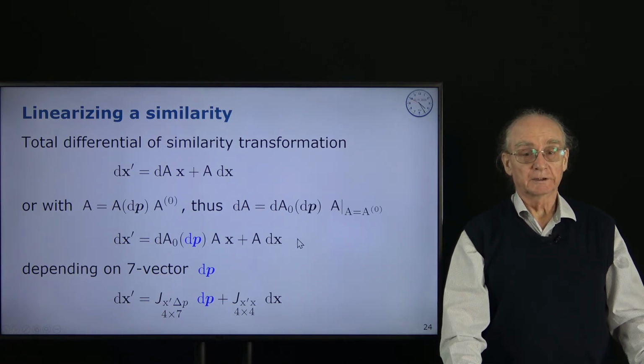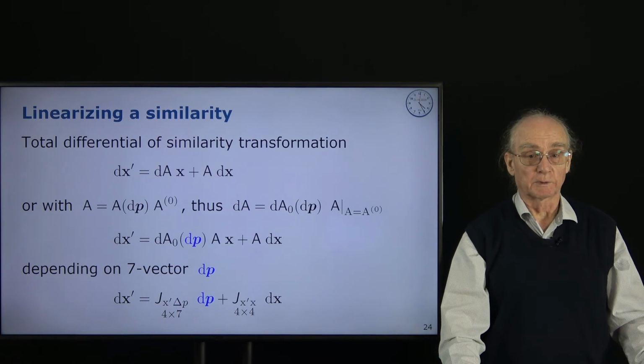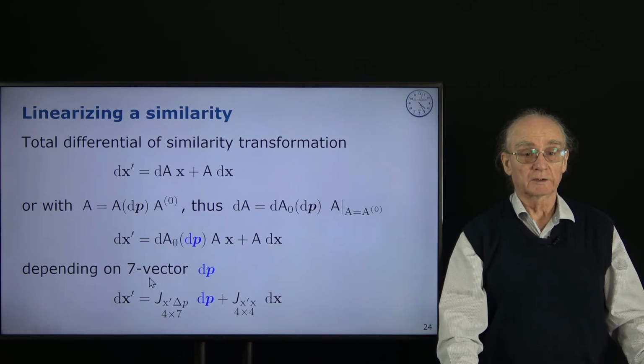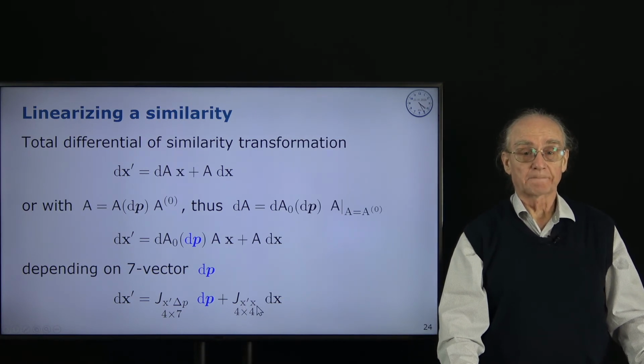Now we are not finished because this might be awkward to write this down. We can do this, but it's not on the right hand side, which we would like to have for variance propagation. So we would like to have a description of this relation of dx prime as a function of dp and dx with the Jacobians of x prime with respect to the changes of the parameters and the Jacobian of the coordinates x prime with respect to the given coordinates.